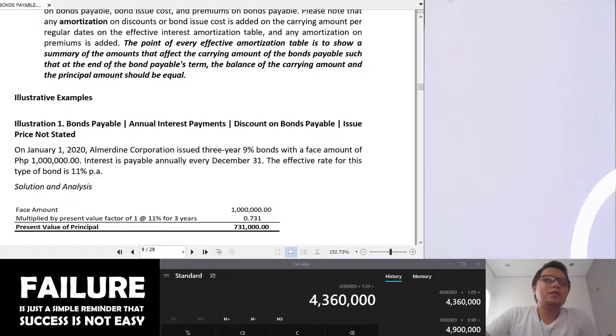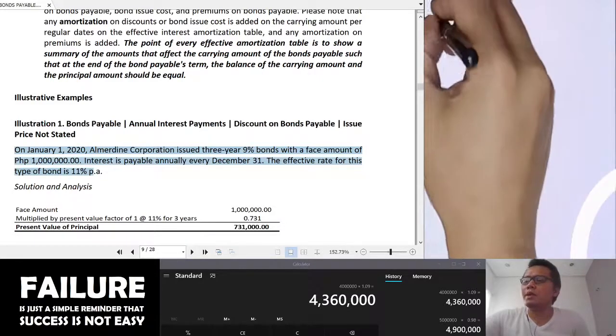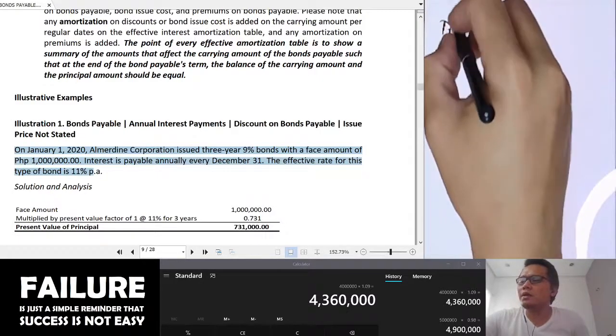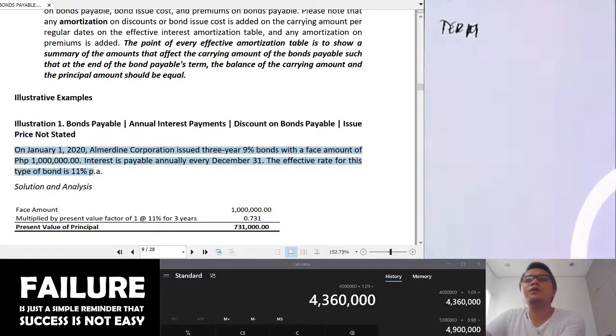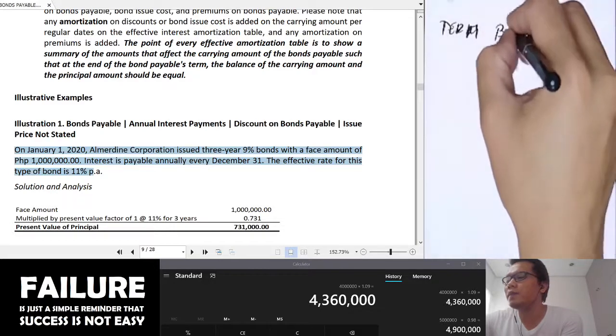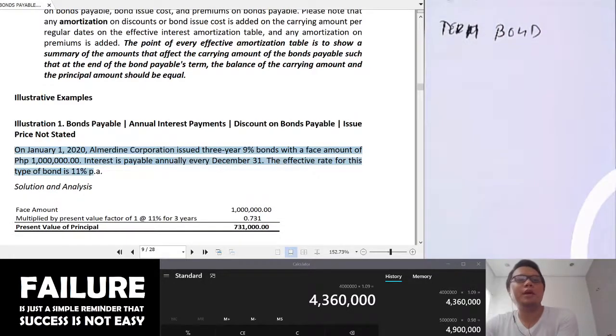first, let us know what type of bond this is. Based on this illustration, this is basically a term bond, because there is no statement saying that there is an annual regular payment for the principal. So this is a term bond.